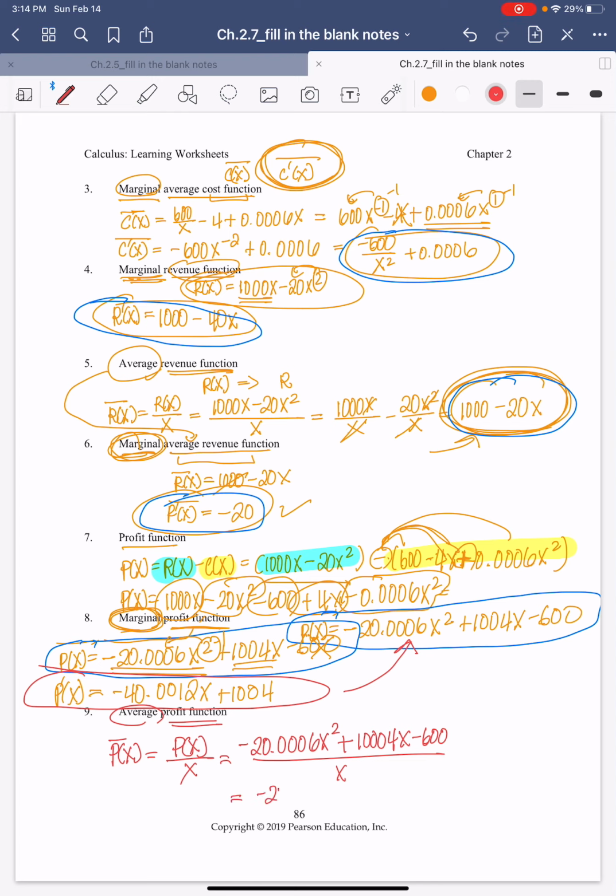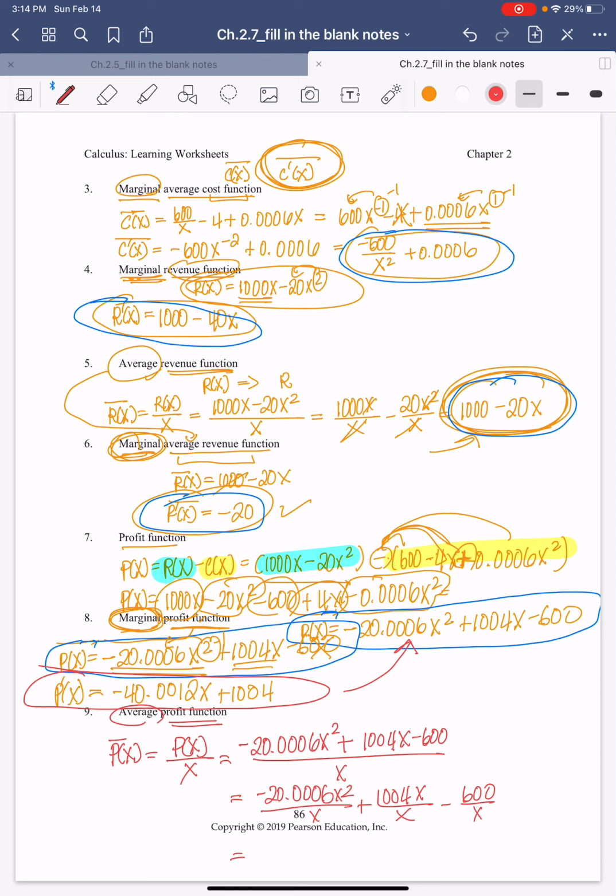So negative 20.0006x squared over x plus, oh, that's 1004x over x, minus 600 over x.